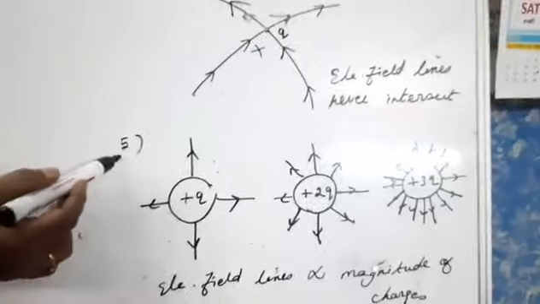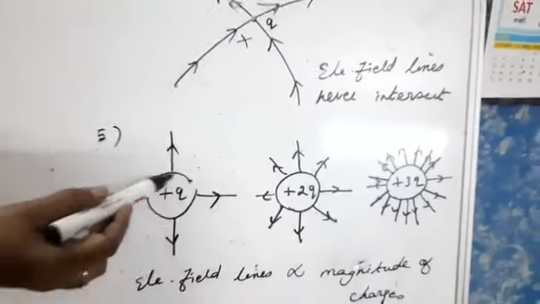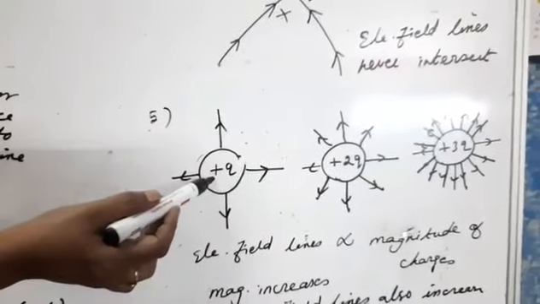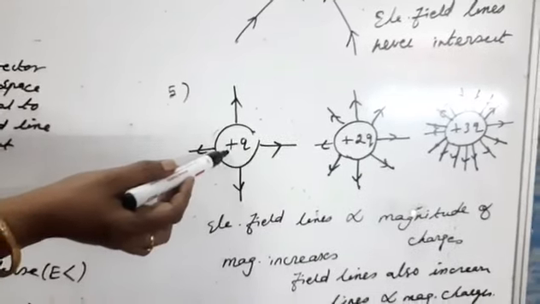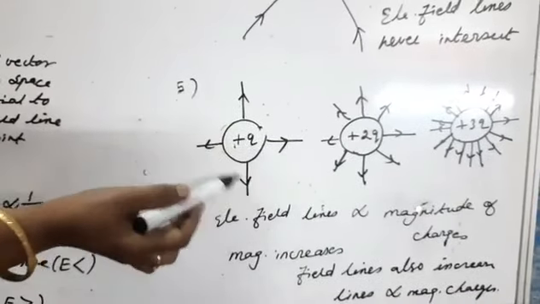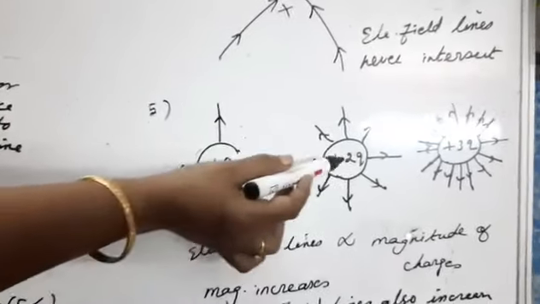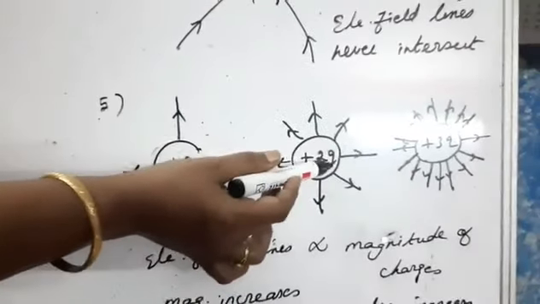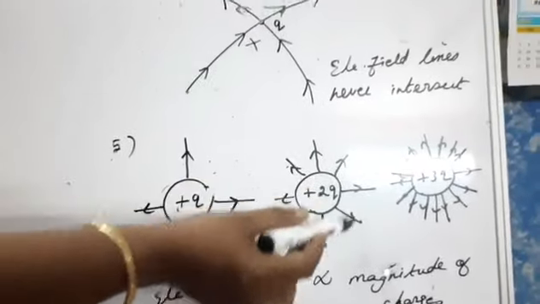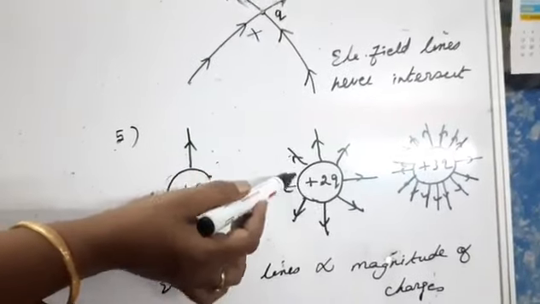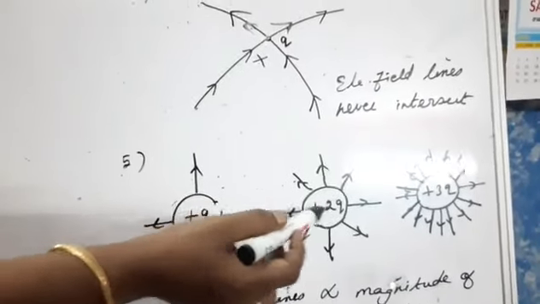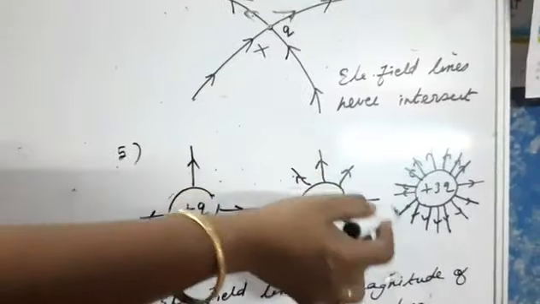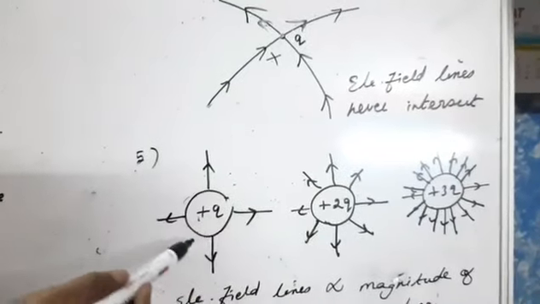And next, the fifth point. In this fifth point, first we take one point charge. The electric field lines are denoted like that. Suppose the point charge is plus 2q, that is, the magnitude is increased, which means 8 lines are there. Suppose it is 3q, then more lines are there.